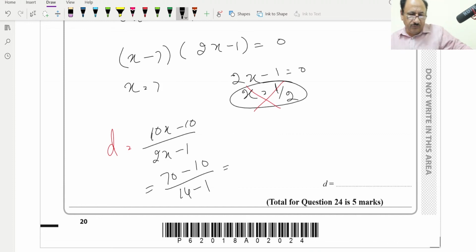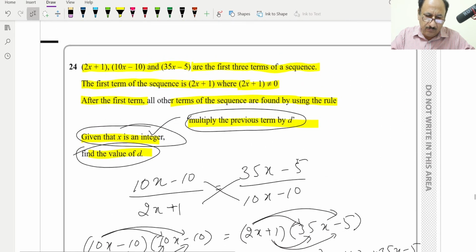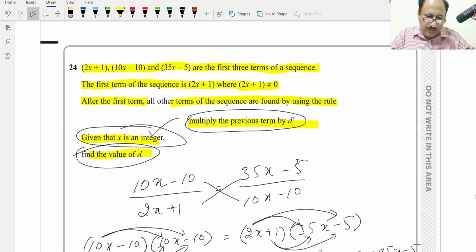So d value will be basically second term, multiply the previous term by d, we will get the first term.